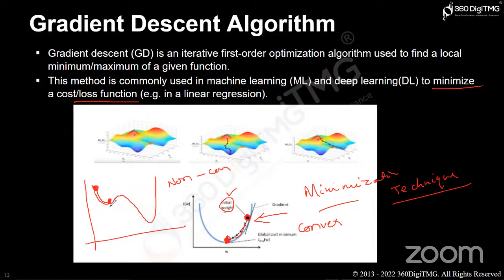Whenever it reaches this point, it will say this is the minima point. So this is a local minimum. To get rid of this problem, we should give different initial weights so that it starts from here. If it starts from here, we'll get the global minimum instead of the local minimum, which is our requirement.